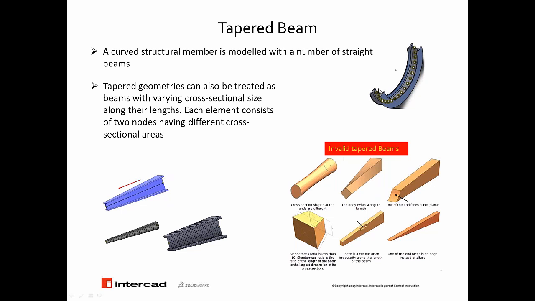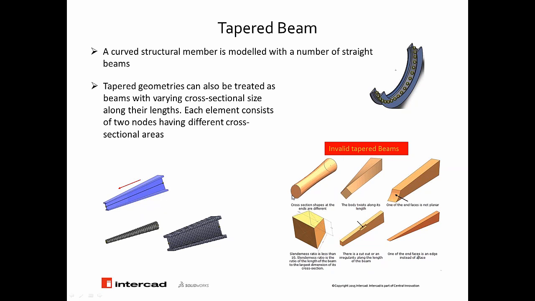The other thing is if you have a curved shape, you are going to model this with a series of straight beams all connected together. There are some situations where we can't use beam elements, if your structural member has a different cross-sectional shape at the end and the beginning.